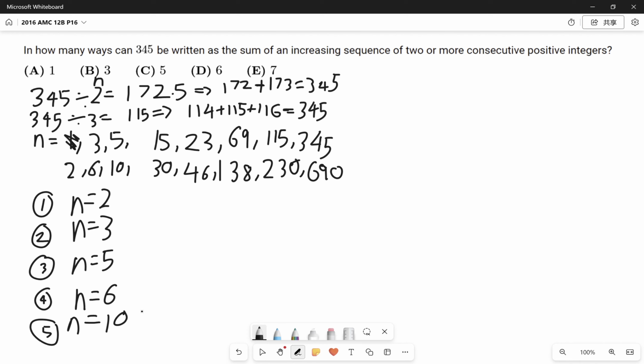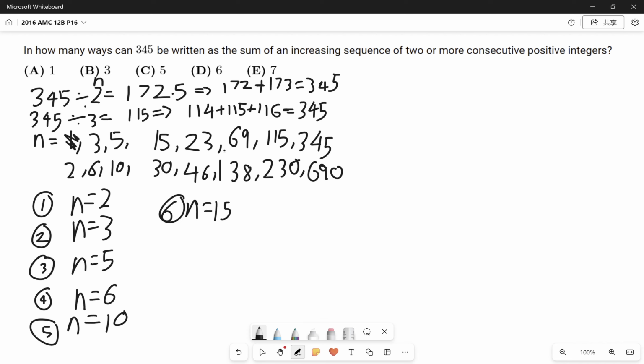So that also works. So what about case 5 then? When n is equal to 10, you get 34.5. You can take 5 integers that are less than 34.5 and 5 integers that are larger than 34.5. As long as they're consecutive, they are fine. And they also have to be positive.